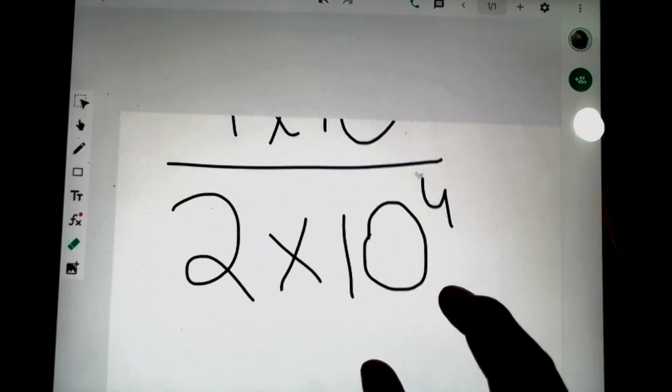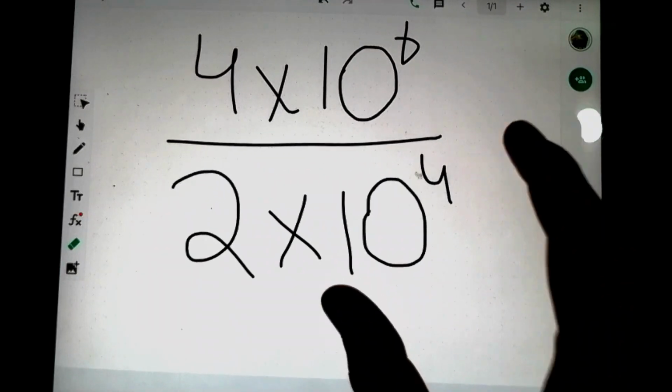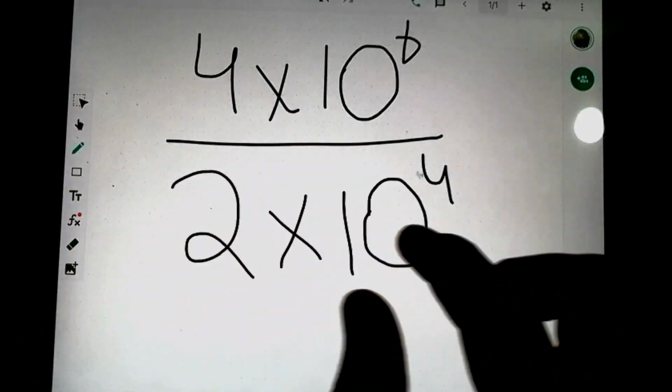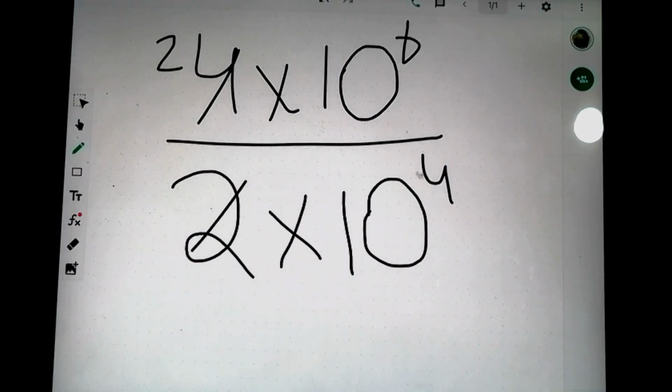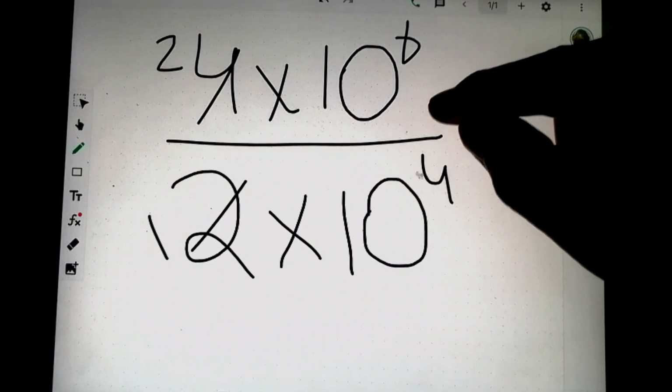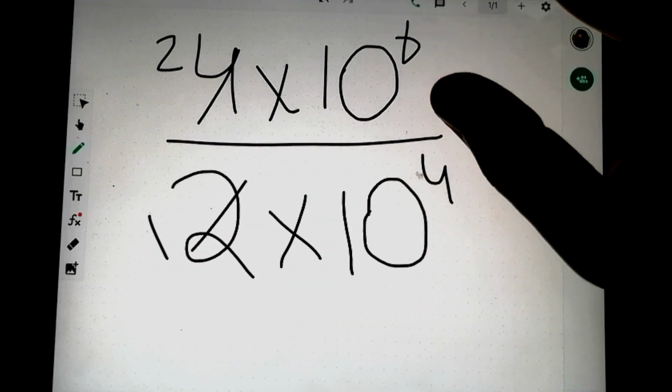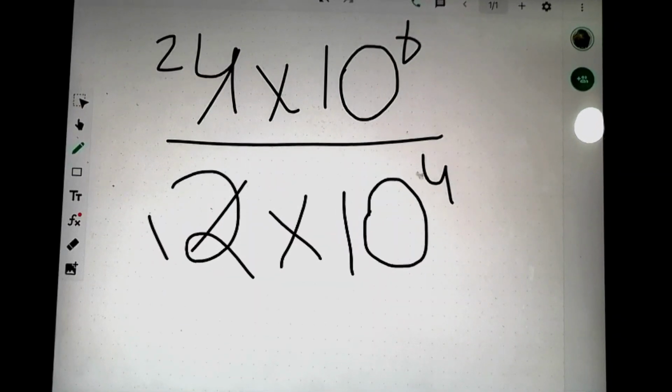Another way we could have done the same question, just like we could have done it in two ways in the previous question, is to divide 4 and 2. We're left with 2 up here, and then we could have divided the powers. When we divide two numbers with the same base and different powers, we subtract the powers.